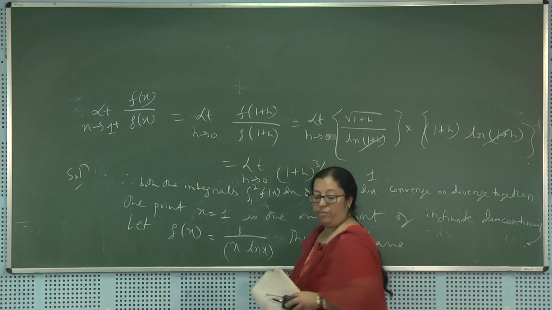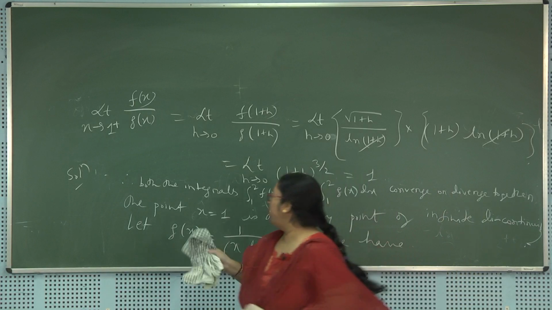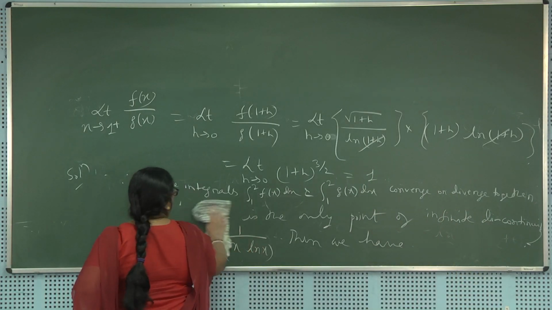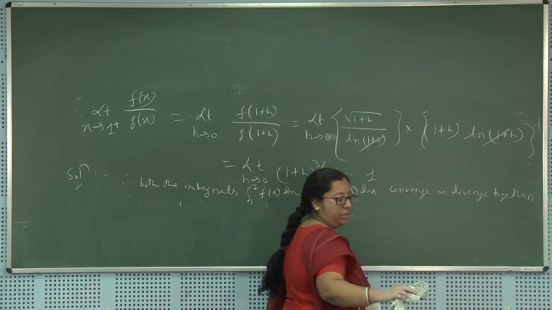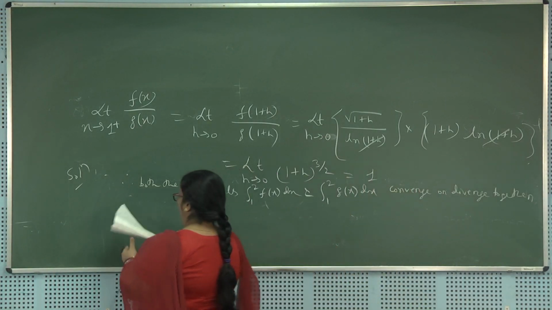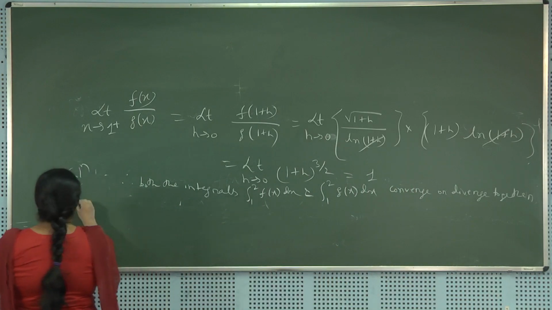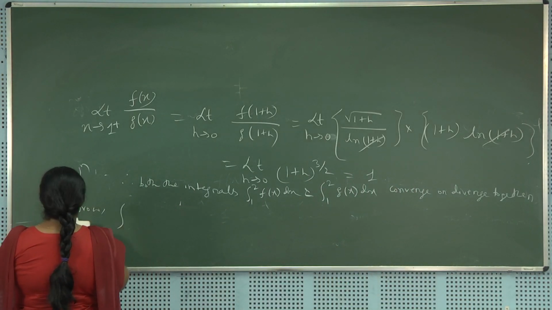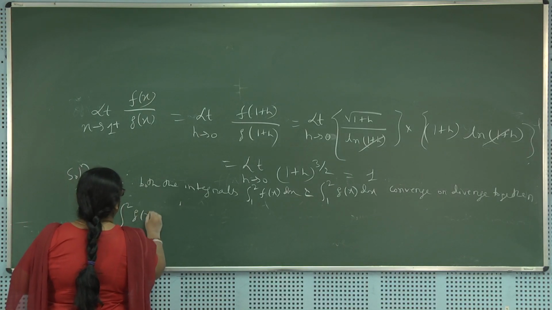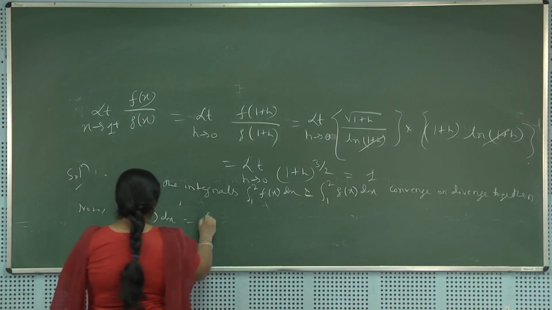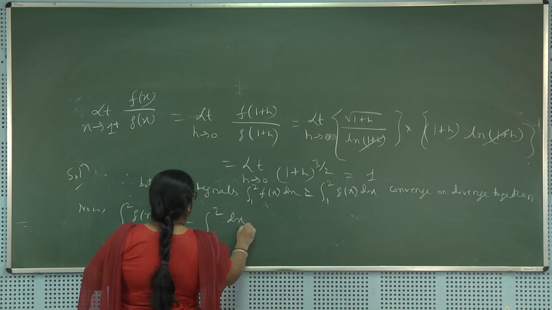Now, we have to check what about g x, whether it will converge or not. Integral 1 to 2 g x dx, that is integral 1 to 2 dx upon x log x.